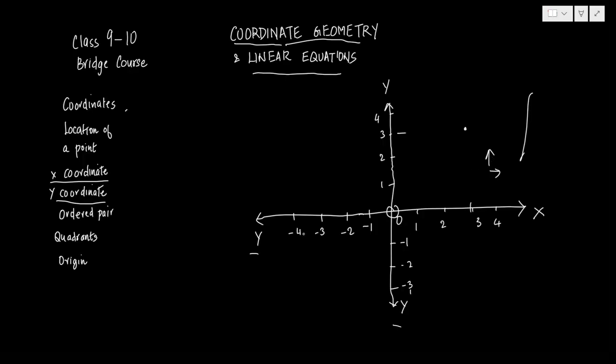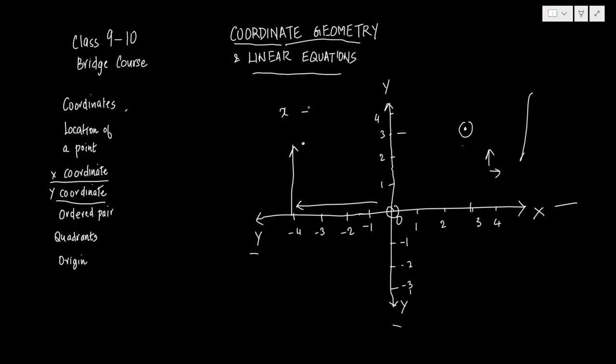If you look at this, the horizontal line is like a number line. The vertical line is like a number line. It is vertical, that's all. So if I want to identify the location of a point here, I use the values of x and y, both are positive. If I take a point here, the value of x is negative because it's to the left of 0, and the value of y is positive.